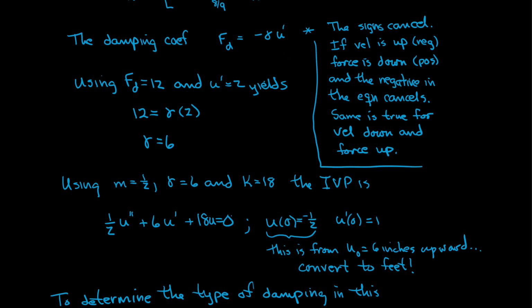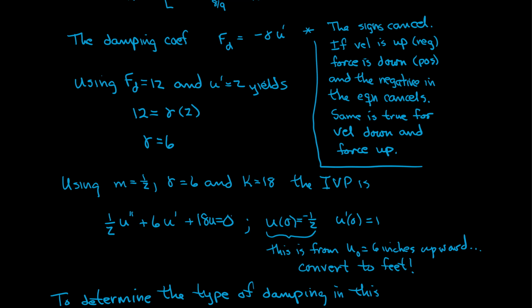And once again, you have a negative equals a negative, multiply both sides by the negative, and you wind up with positive. The whole point of this is, regardless which way the mass is moving, the force and the velocity will be opposite signs, and things are going to wind up canceling out along the way, just as we discussed, and your damping force is always going to wind up being positive.